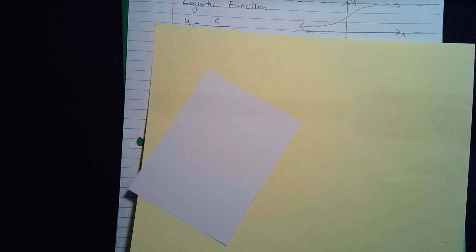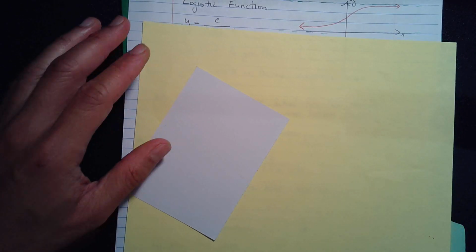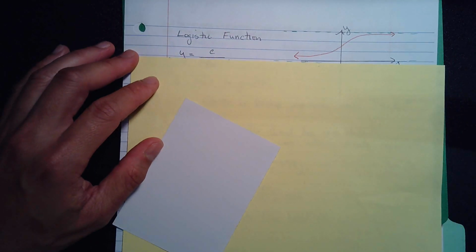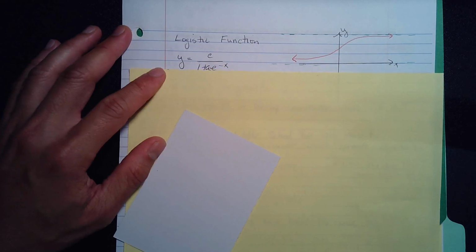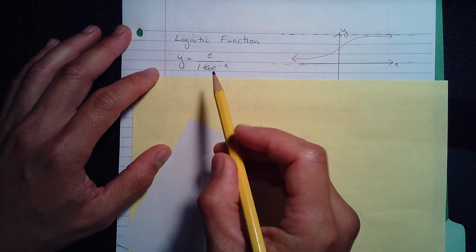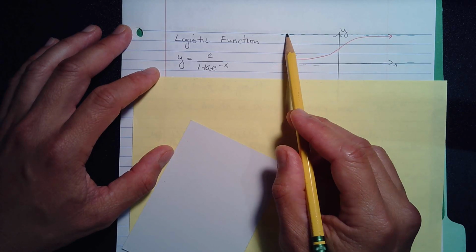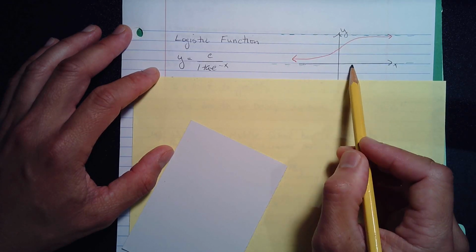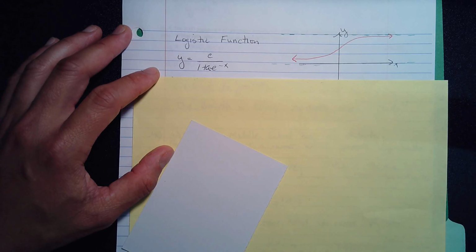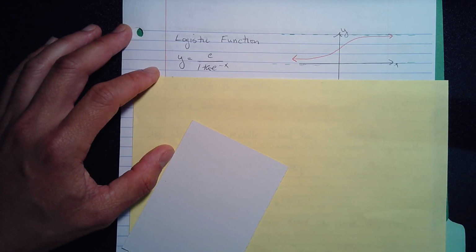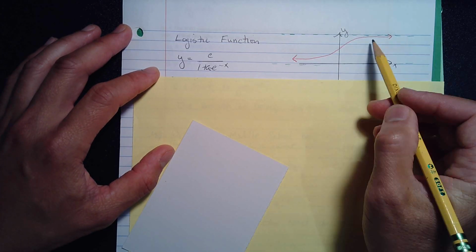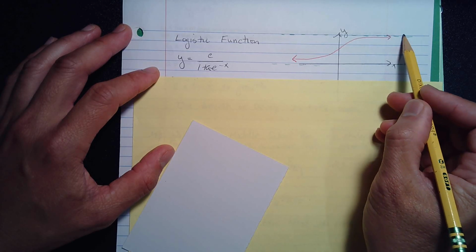All right, so now let's talk about the logistic function. So remember, we discussed a logistic function just the last lesson. So we discussed the graph. We discovered that there's going to be 2 horizontal asymptotes. So logistic function means that there's a certain quantity that it's not going to go over a certain amount.